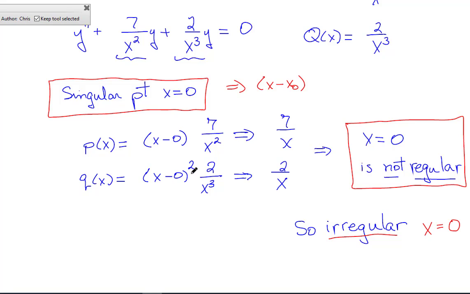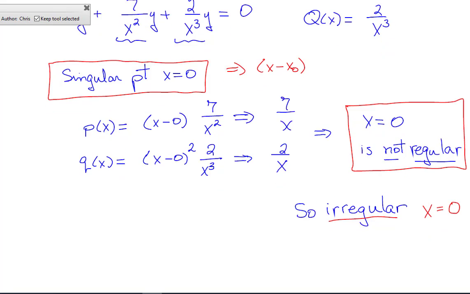Q of x is to the power of 2. And so when I do that, I'm still left with 7 over x and 2 over x. So multiplying by powers does not change the fact that it's still undefined at x equals 0. So x equals 0, our singular point, is not regular in the sense that it's still undefined there. So it is an irregular singular point at x equals 0.